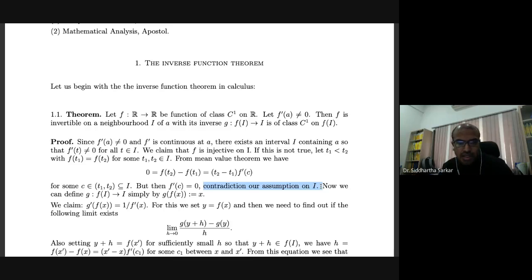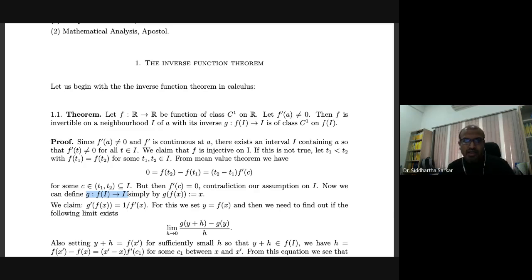Now, if f is injective on this interval, I can simply define the inverse g on f of the interval just by writing down g defined at the point f(x) to be x. Okay, and that serves well. I can easily see that these two functions are inverses of each other. There is no problem with that.